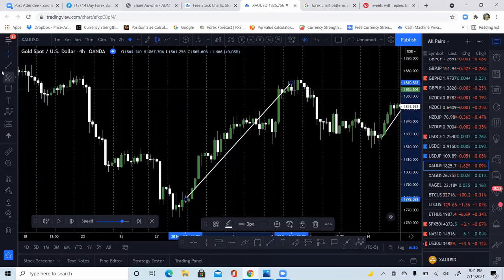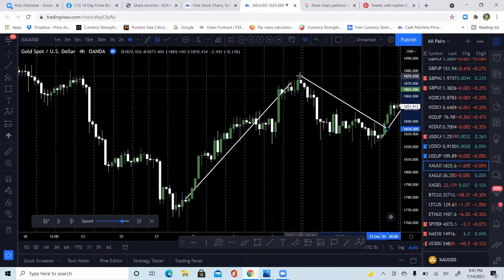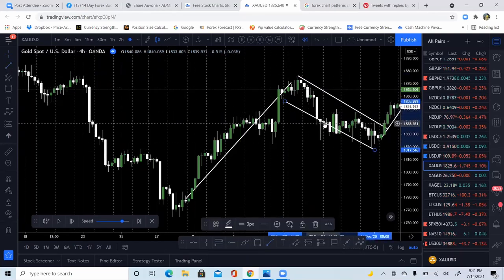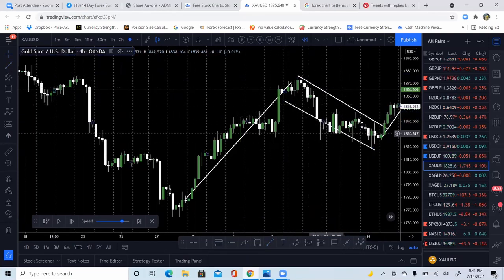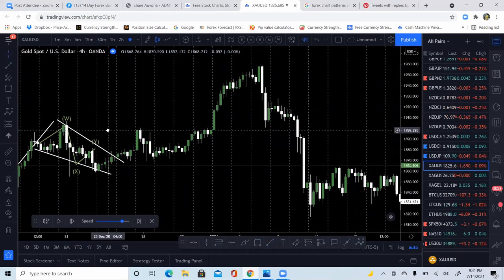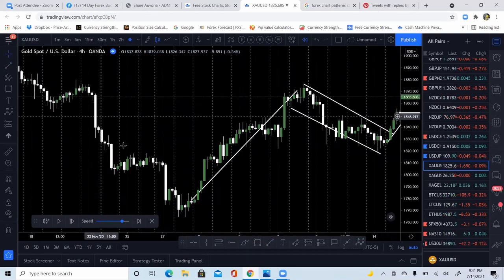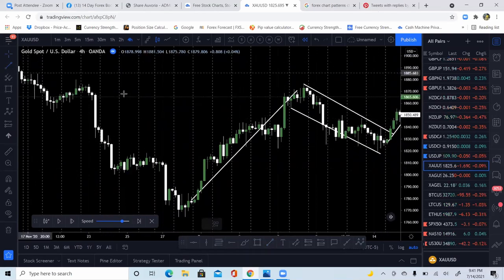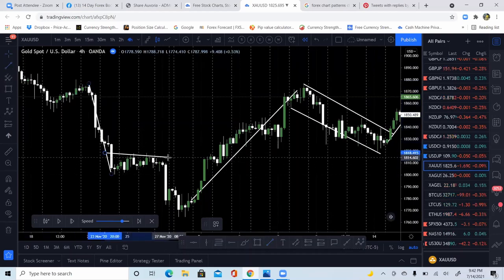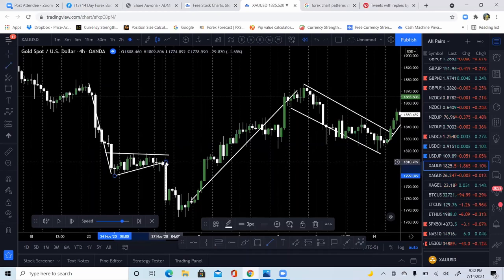So you got this, and then you have this here. You have that little move going on, and it continues forward, and then it's followed by another one. It continues forward. So here, and then look at this one. This would be considered a pennant, because remember how it stays even, but then it squeezes in like that.